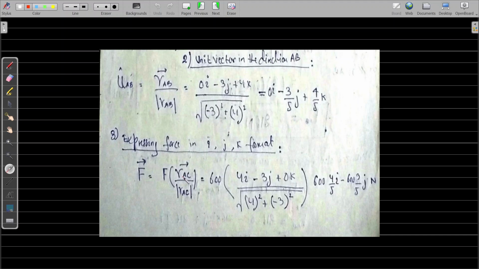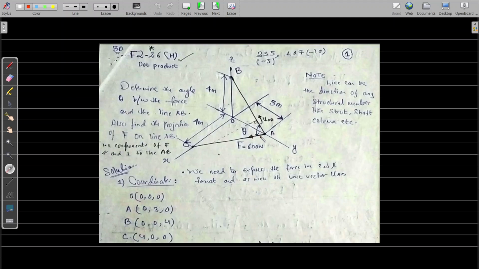Okay, so here again, where are these values coming from? We first have to calculate the coordinates of C, and then subtract the A coordinates from them. So as it is RAC, the C coordinates minus the A coordinates: 4 minus 0, 0 minus 3 and 0 minus 0k.